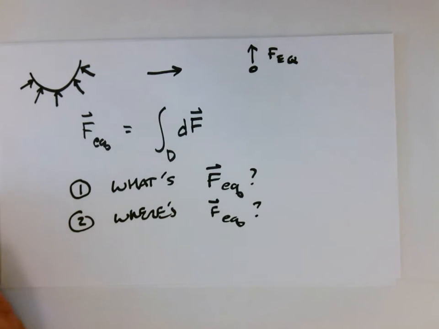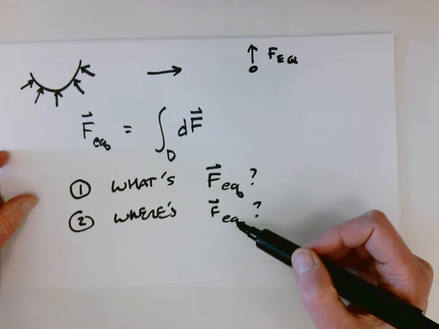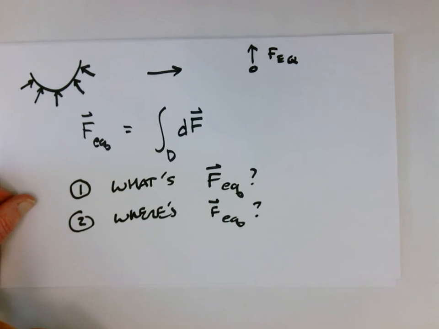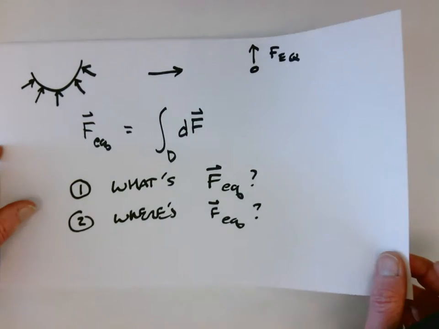Because if you recall, when you apply a force to something, you're not only applying a force, you're also applying a moment. We need the moment generated by this equivalent force to be the same as the moment generated by the distributed force. So in this video, what we're focusing on is how do I figure out where the equivalent force is applied. Let's first start with the simplest version of that, which is gravity.